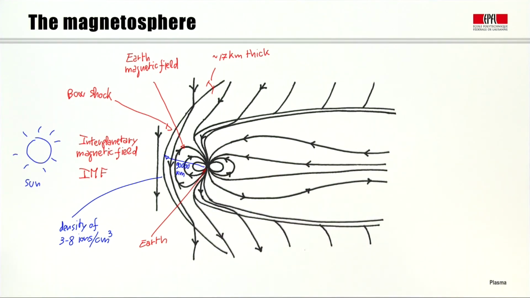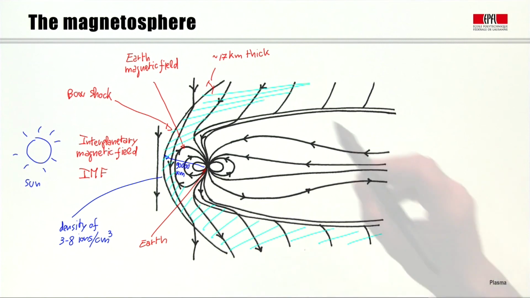Most of the solar wind plasma is heated and slowed down at the bow-shock and detours around the Earth. Some plasma of the solar wind penetrates inside the magnetic field of the Earth and forms the so-called magnetosheath.